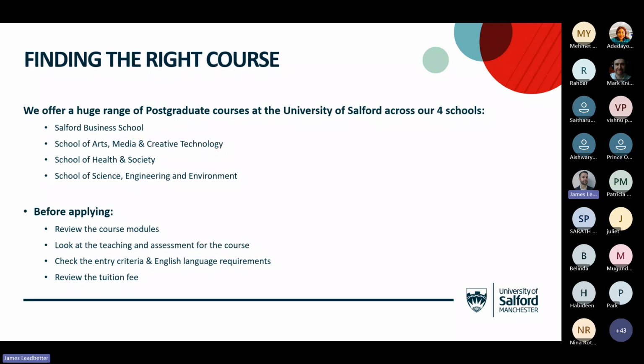Also reviewing the entry criteria and English language requirements for the program, and reviewing the tuition fees as well. I will talk about our tuition fees and scholarships later on, but they're not really negotiable. So our fees are what they are, our scholarships are what they are, and so ensuring that it is something that is within your affordability is really important to review.